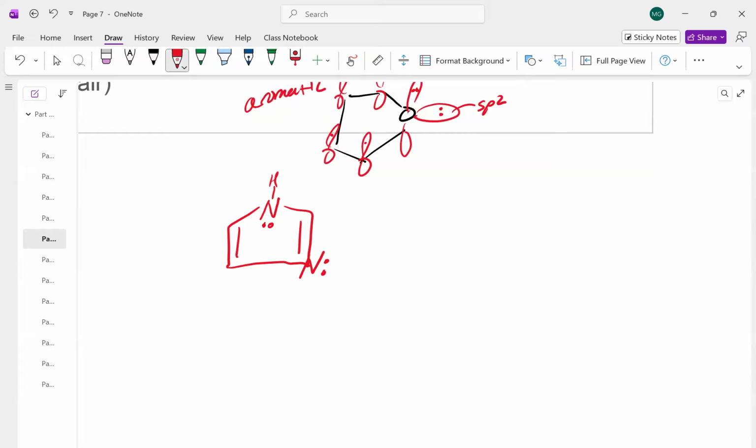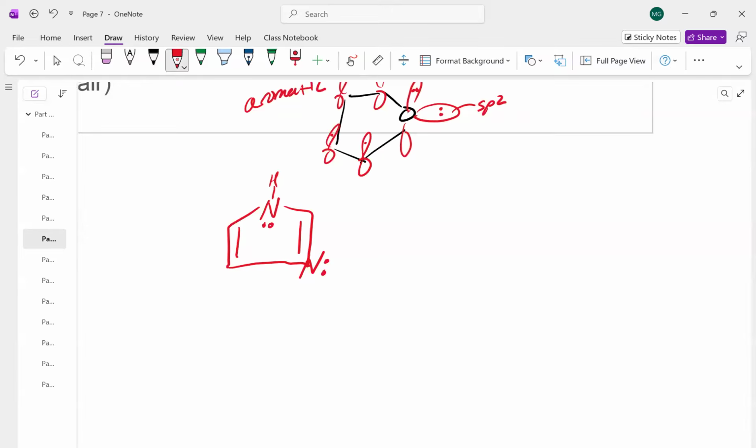Is this aromatic, anti-aromatic, or not aromatic at all? So let's assume it's planar. And usually on a quiz or an exam or some sort of work, I would let you know, like, yeah, assume it's planar, or I would tell you this compound is not planar.